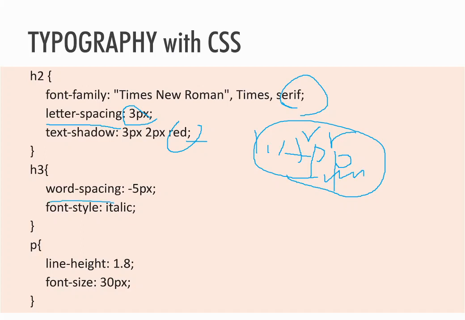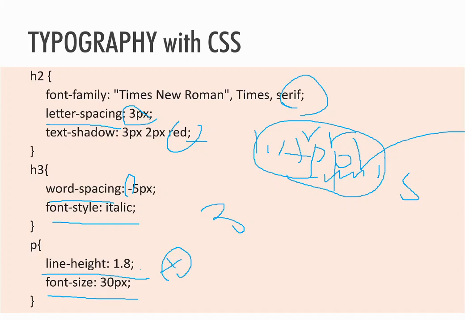You have 3 words, apple is delicious, and between the words you can adjust it to a minus value. A minus pixel value means you make your words closer to each other. And you can have a font style that is italic, and you can adjust the line height to 1.8 times bigger, and you can have a font size of 30 pixels.